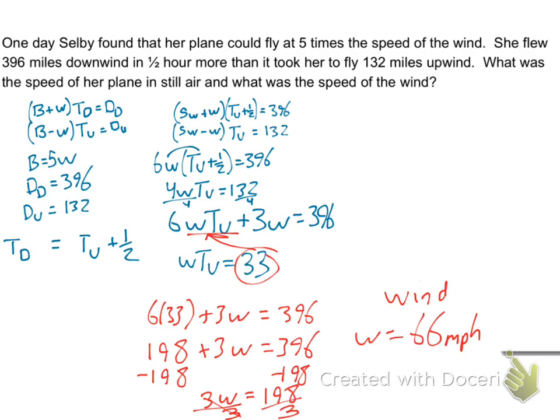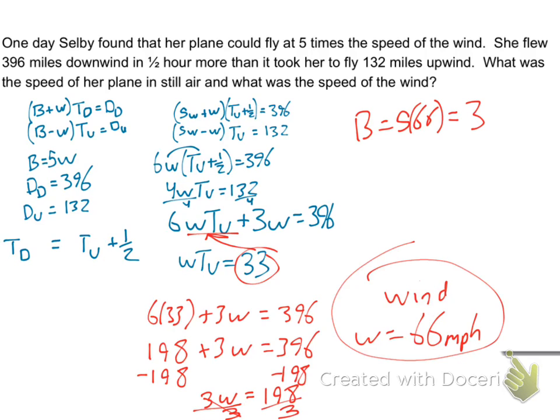Speed of the wind. We got wind, but here's the cool thing. Once we know wind, multiply it by 5, and you have the airplane in this case. So B is equal to 5 times 66, which is 330 miles per hour for the plane. And you're done.